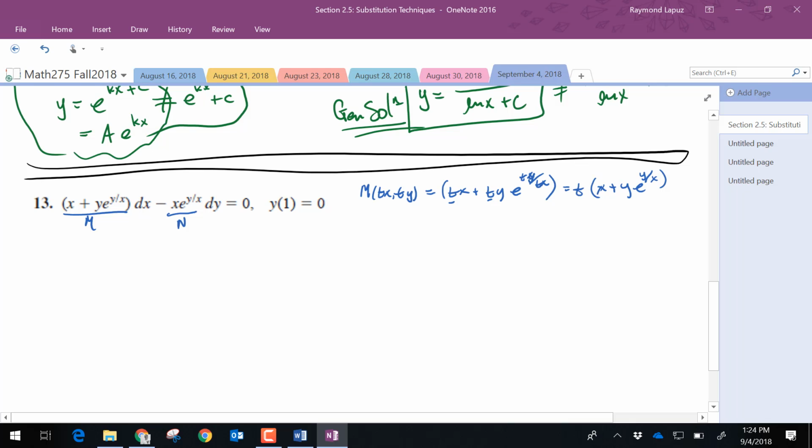We have t to the first on the outside, and so here we have our homogeneous function. And so we should expect the same degree for the N function. And again, there's a y there too. So minus Tx e to the Ty over Tx.